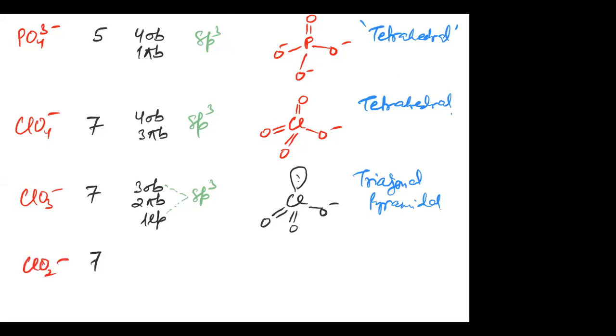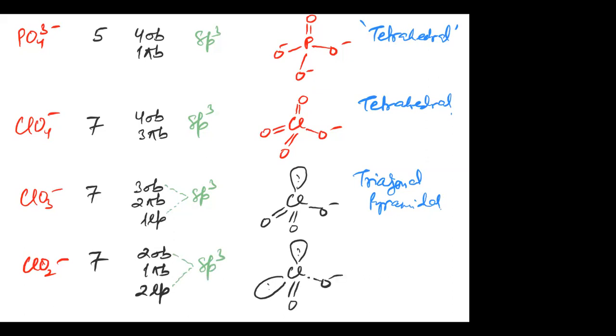ClO2 minus means out of 7 electrons, it is forming 2 sigma bonds, maximum 1 pi bond, and only 3 electrons are utilized here. And you can say there are 2 lone pairs of electrons. Its hybrid state will be sp3, with chlorine having one lone pair and another lone pair. It is a double bond O and O minus, and the shape is going to be bent shape. So just note this down.